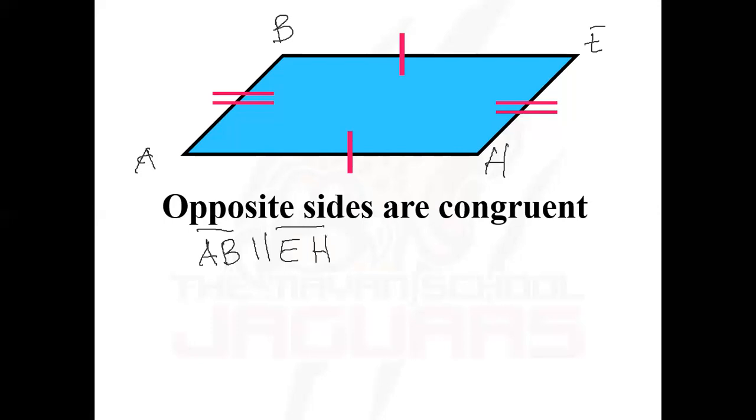You can also notice from this figure that sides AH and BE are parallel. Let me write it again. Segments AH and segment BE are parallel. So this is the property: opposite sides are congruent.